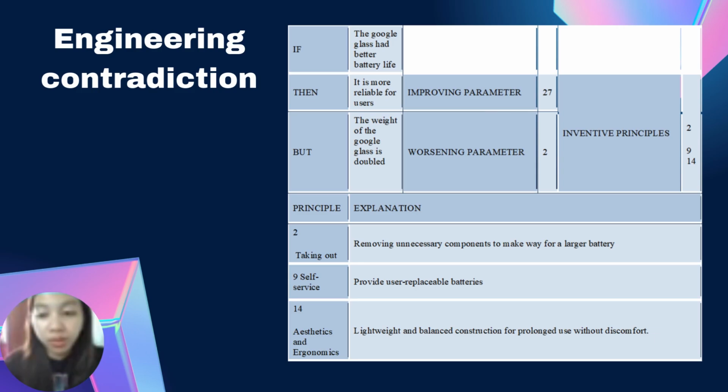The following inventive principles, that is, aesthetics and economics. These focus on creating Google Glass to be lightweight and more comfortable to wear. By applying these ideas, we can improve battery life of Google Glass without making the device too heavy or uncomfortable to wear.